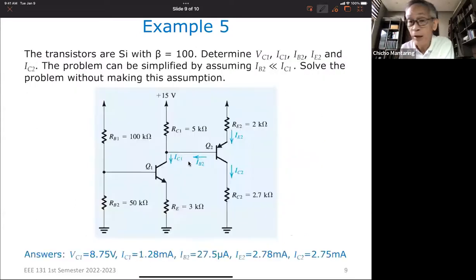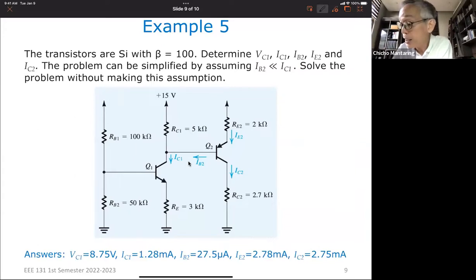And finally, the fifth example, where I don't provide the solution, I'm asking you to solve this on your own. This is a circuit which combines a PNP and an NPN transistor. So you're supposed to solve for VC1, IC1, IB2, and IE2.